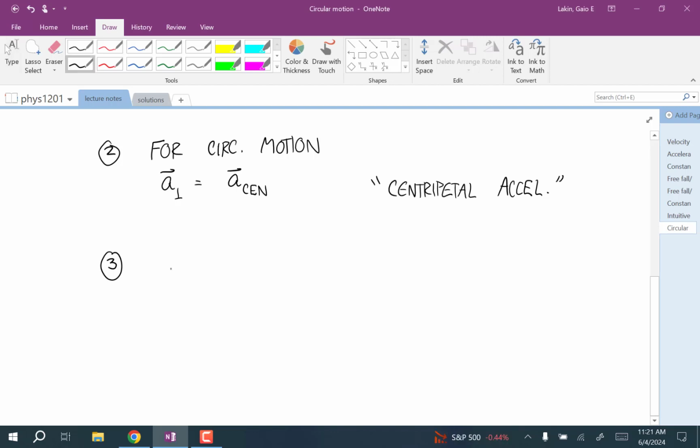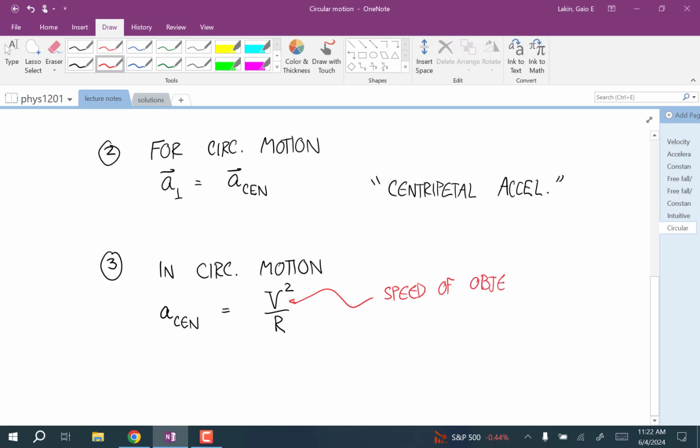So in circular motion, the magnitude of the centripetal acceleration is always v squared over r, where v is the speed of the object, and r is the radius of the circular path.